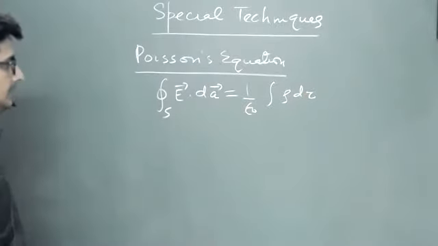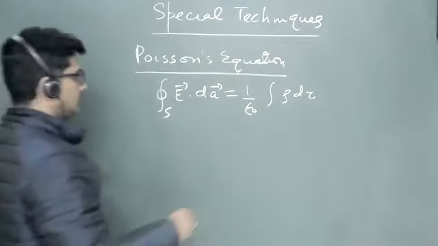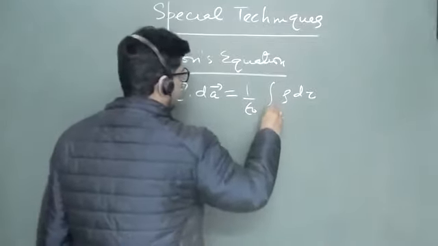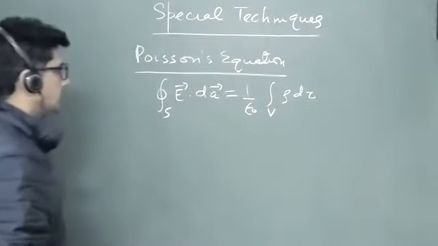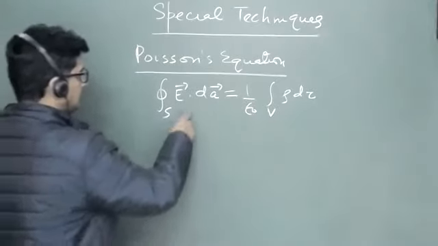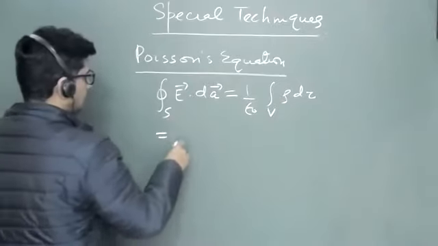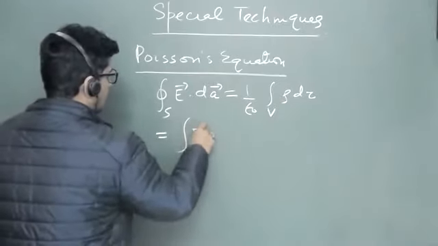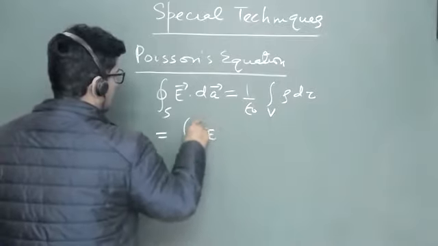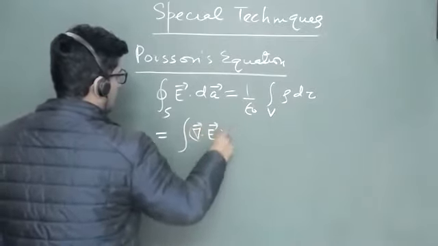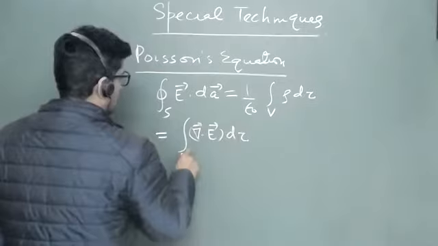So this was Gauss law, and this was over some volume. So we can write this as equal to integral del dot E d tau over some volume.